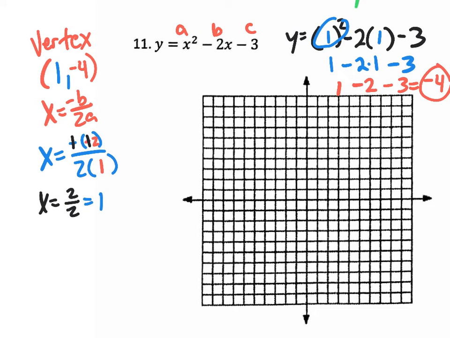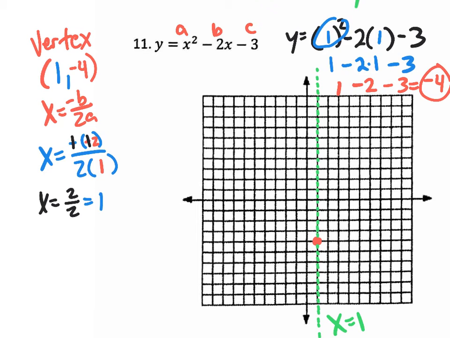So on the graph, let's go graph that most important point called the vertex. 1 on the X, -1, 2, 3, 4 on the Y, and there it is, 1, -4. Let's also draw our axis of symmetry right through it. If they ask you for the equation of that axis of symmetry, you simply say X equals the same X value of your vertex, which is 1.